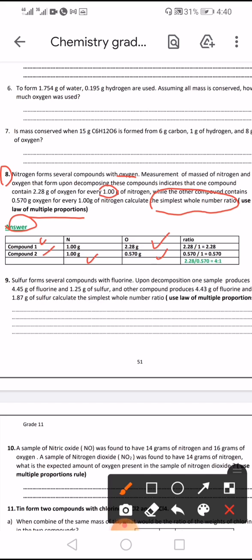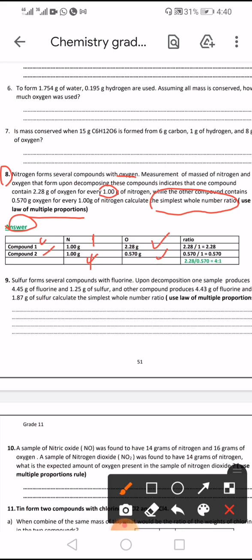And we want to calculate what? The whole number ratio. In nitrogen, the ratio of nitrogen in compound 1 and compound 2 will be 1 to 1, as here 1 gram, and also in the second compound the nitrogen is 1. So the ratio of nitrogen is 1 to 1.